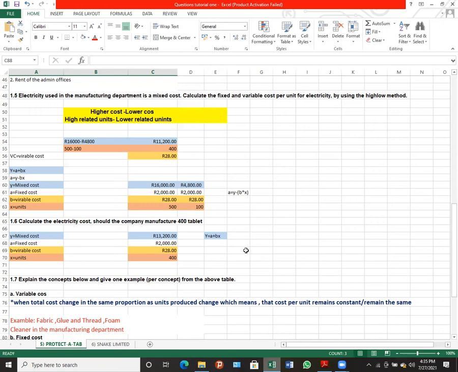Correct. That is the total cost you are going to pay for electricity if you manufacture 400 tablets. Okay, thank you, sir.